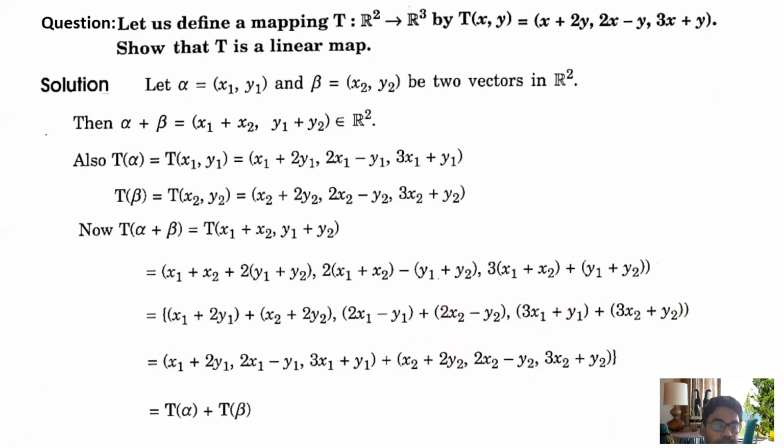Just to check, this portion is coming from here, and this is coming from here, and this is also coming from here. So ultimately what we have, please check.